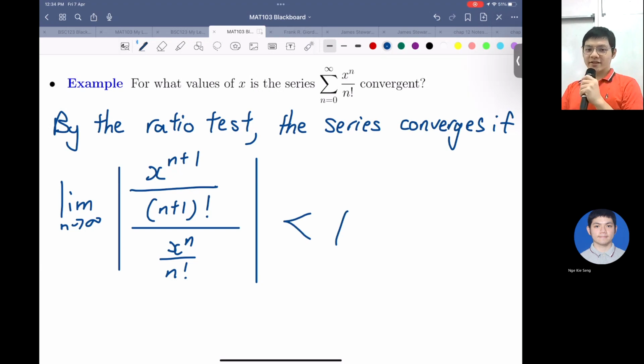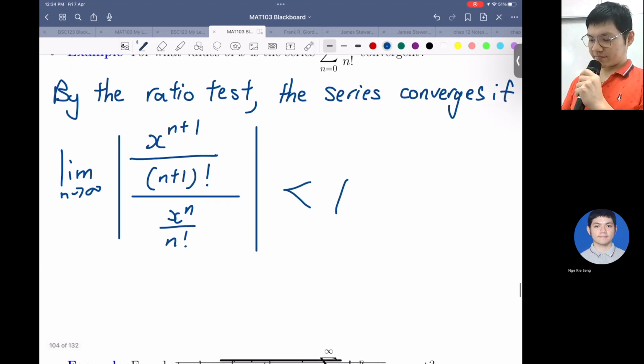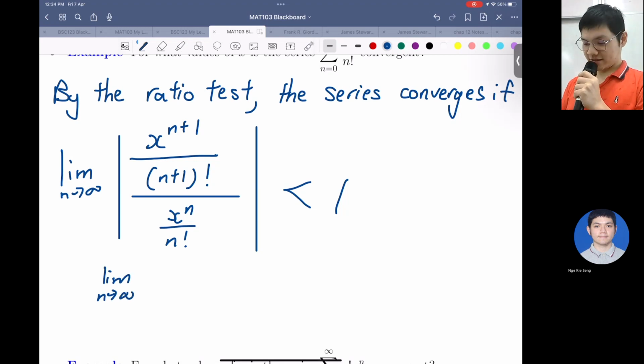Okay, so what's this ratio here? Anyone computed it? Tell me what you simplify first. It's x over n.